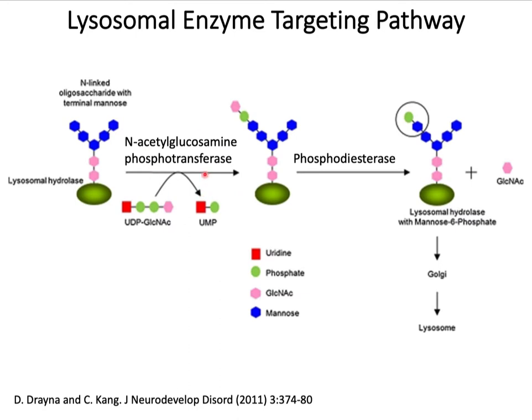The N-acetylglucosamine phosphotransferase adds the phosphorylated N-linked glycan to the mannose residue of the lysosomal hydrolase. The phosphodiesterase then removes the N-linked glycan, and the result is a lysosomal hydrolase that is tagged with the M6P and destined to the lysosome.